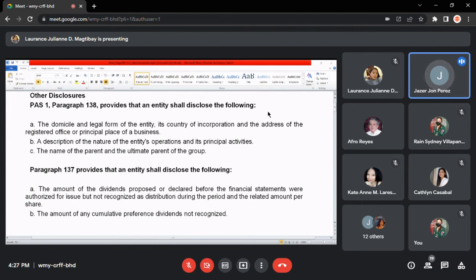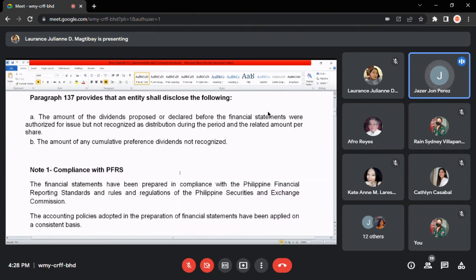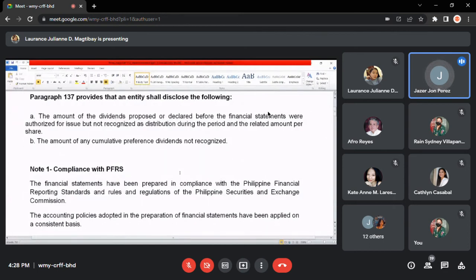Next, paragraph 137 provides that an entity shall disclose the dividends proposed or declared before the financial statements were authorized during the period and the related amount per share. Sabi dito yung mga amount ng dividends na pinropose or declared bago ang financial statements were authorized.